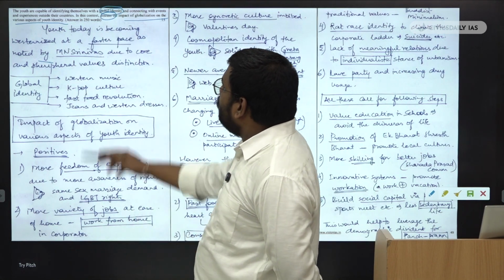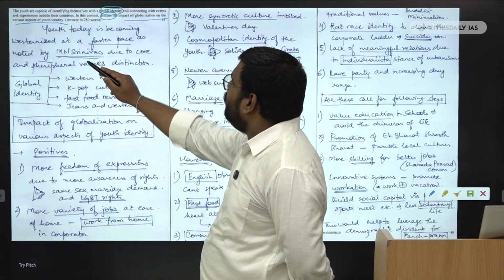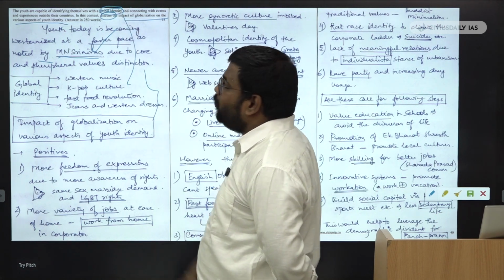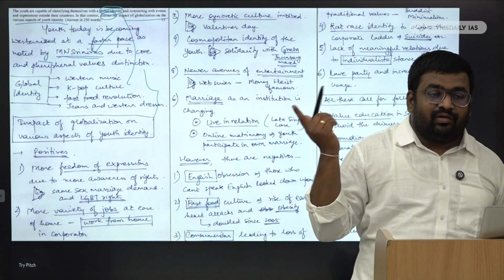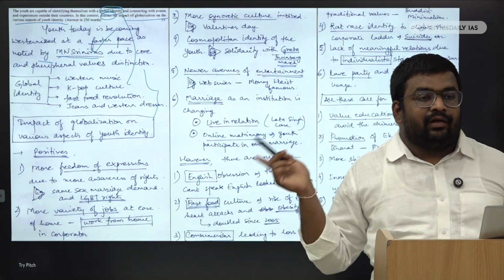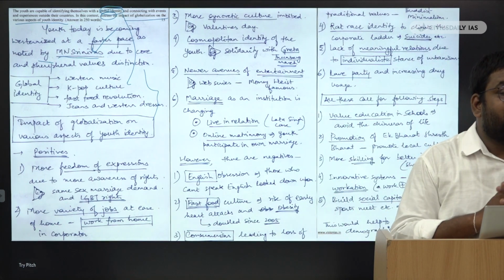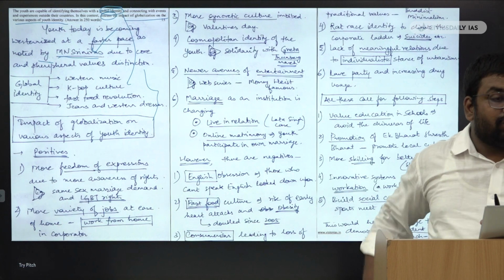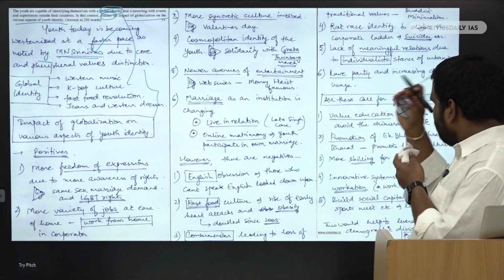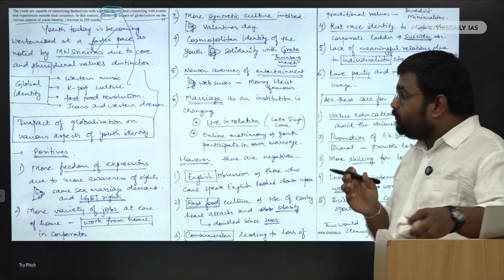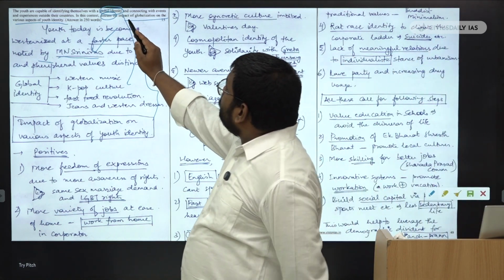Okay. So in the introduction, he has talked about the youth, and then he has elaborated upon this keyword, global identity. In the previous question also, he had provided the data with respect to the keyword declining fertility rate. Here also he has elaborated global identity. And then, discuss the impact of globalization.